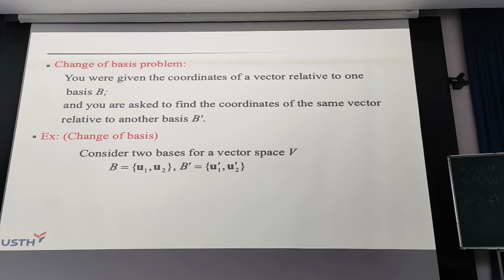Suppose that this is a very small vector space. It has dimension 2, and it has two different bases B and B prime. Each basis consists of only two vectors.